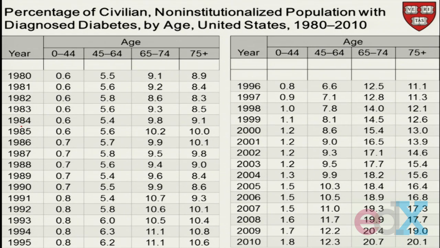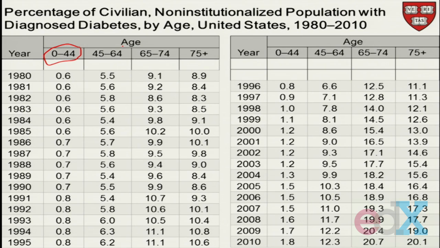So for example, here is what happened to the percentage of the US population between 1980 and 2010, broken up into 4 age groups. So the first age group is the 0 to 44, and then the 45 to 64, and then this third age group is this, and the last age group is more than 75.